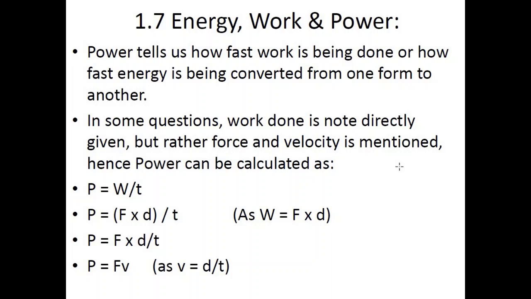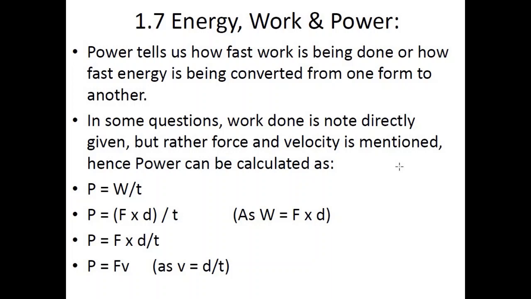Power tells us how fast work is being done or how fast energy is being converted from one form to another. The higher the power rating, the faster the energy conversion that is taking place. In some questions, work done is not directly given, but rather force and velocity are mentioned. Hence power can be calculated as follows.